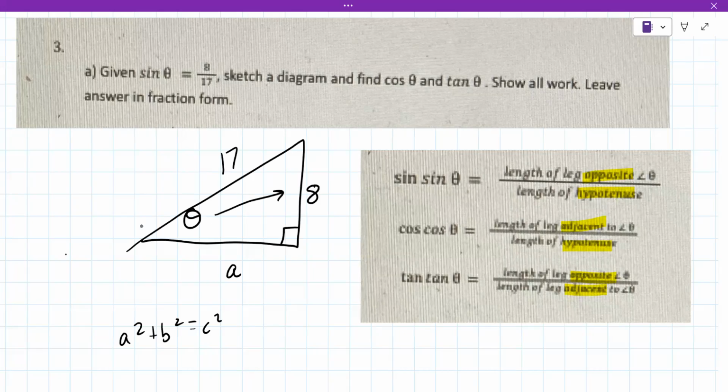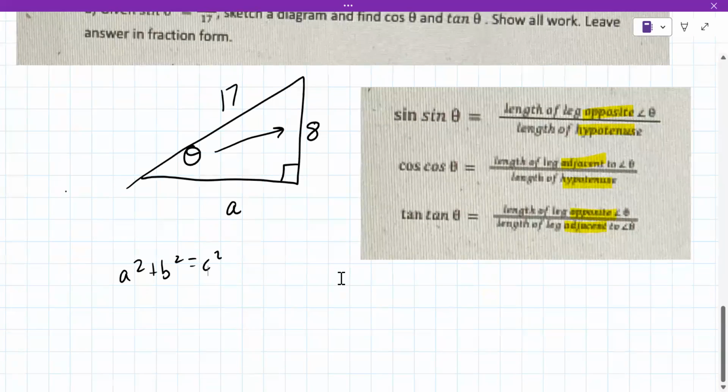And then 17 times 17. 289. So a squared plus 64 equals 289. Oh yeah, 1 times 1 is 1, not 2.